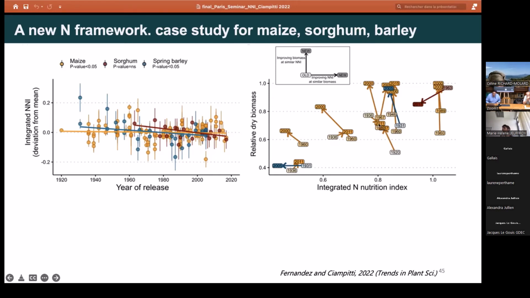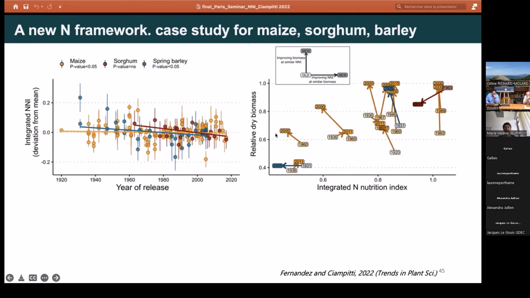What happens for maize is that basically the old hybrids with under fertilization, we are going from old hybrids all the way to high new genotypes. We are maintaining NNI, increasing relative dry biomass. Okay, so maintaining the NNI and increasing biomass.